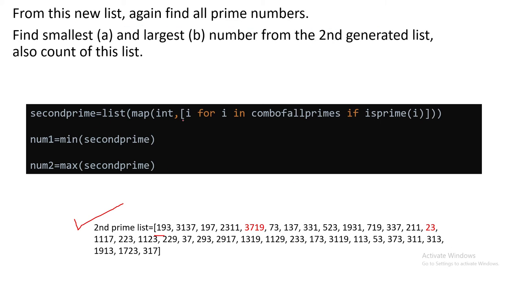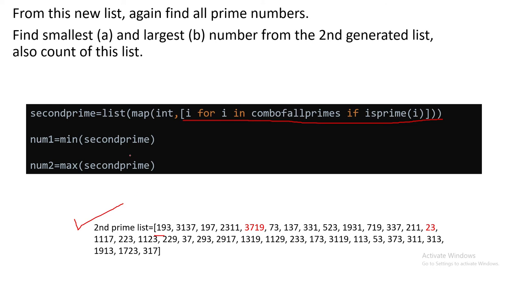So we have also used a list comprehension like the first prime here. For i in combination of all primes of that list, if i is prime, we will just append it in this list and map it into int. Okay, so we have got the second prime list as this.